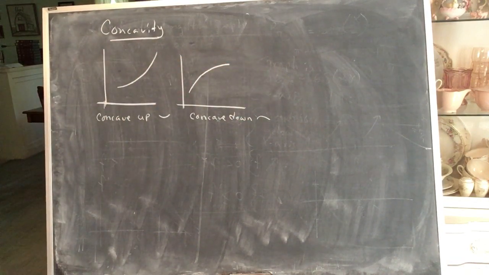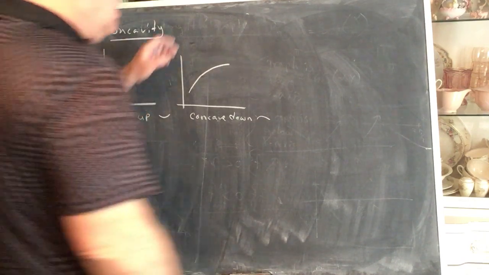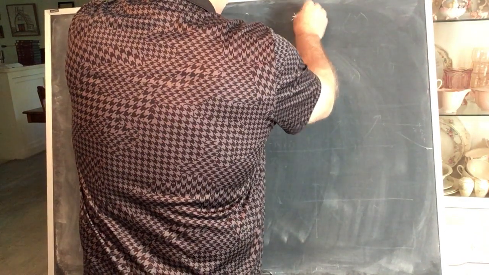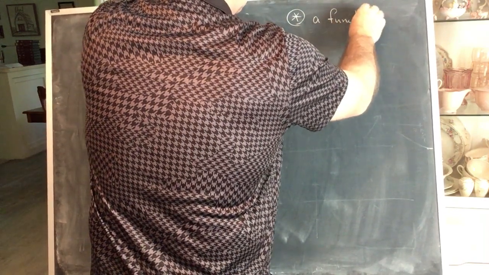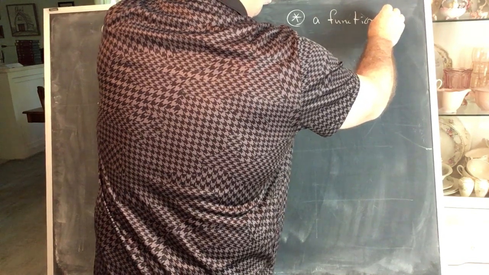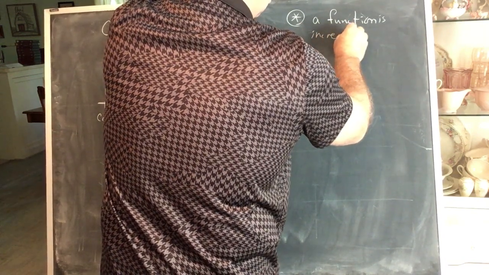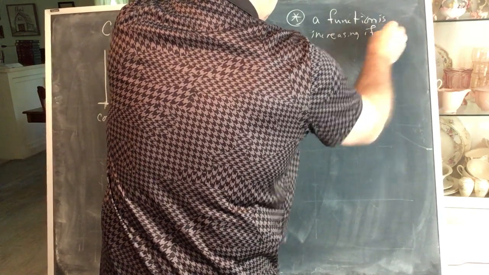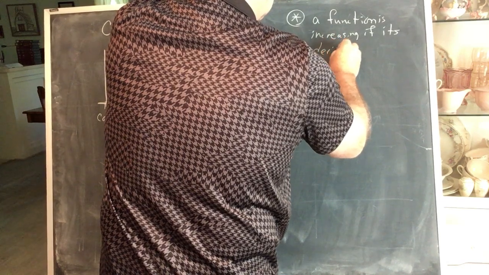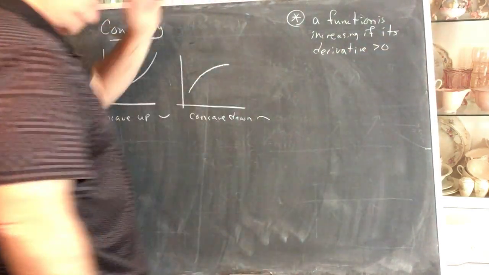Now, there's a little piece of information I want to lay off to the side that's going to be important for our work in just a moment. So I want to make a little note here. A function is increasing if its derivative is greater than 0.